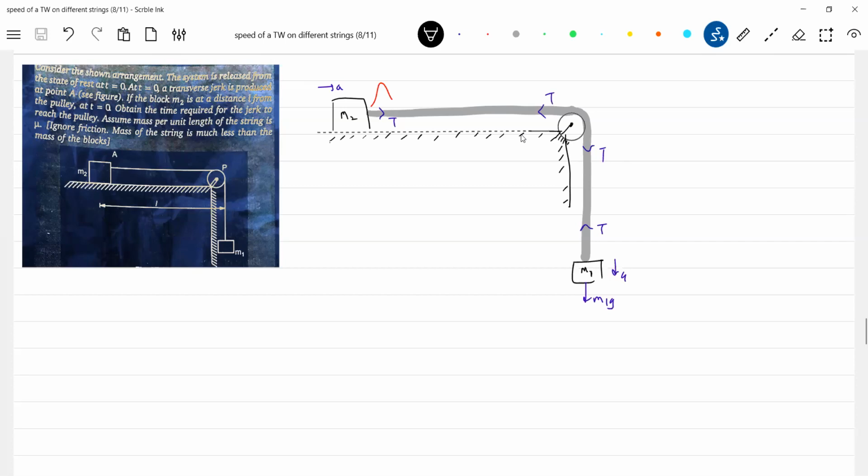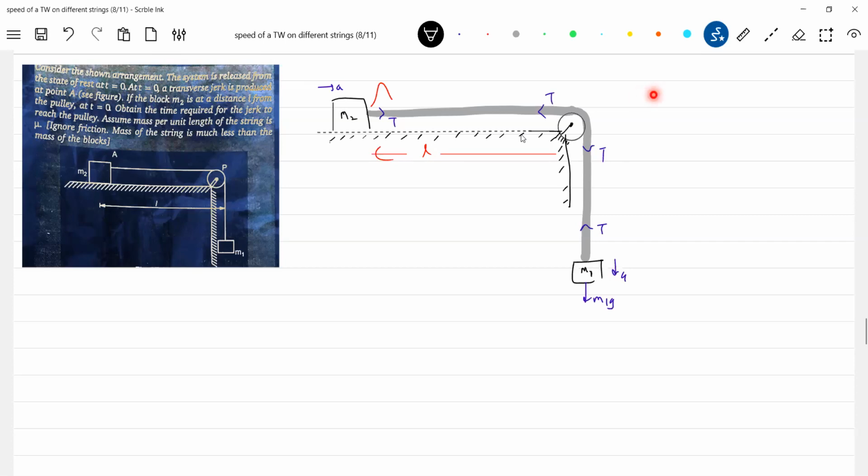First, we'll get the acceleration and tension, then we'll see what we can do further. How much length the pulse has to cover. Okay, first we'll calculate the tension.